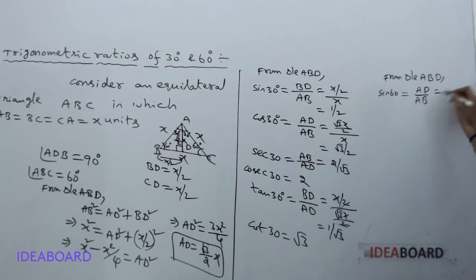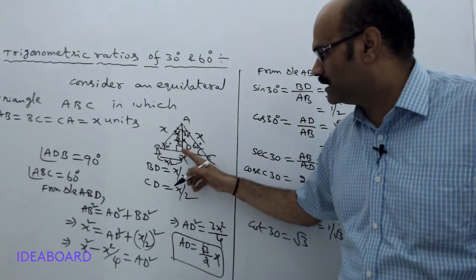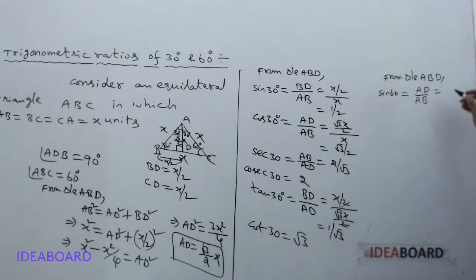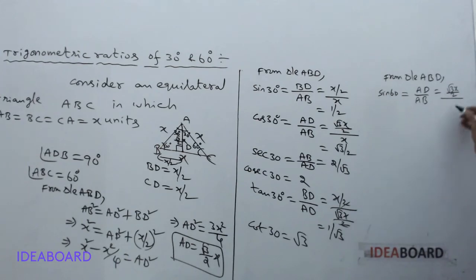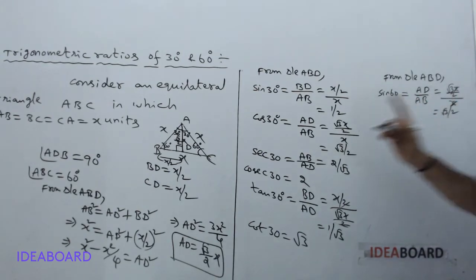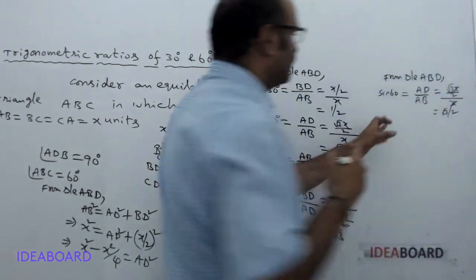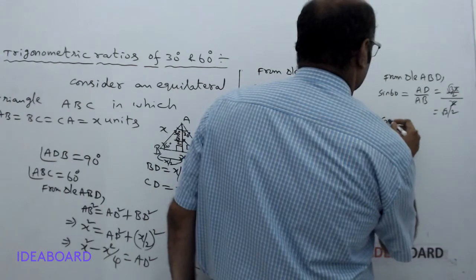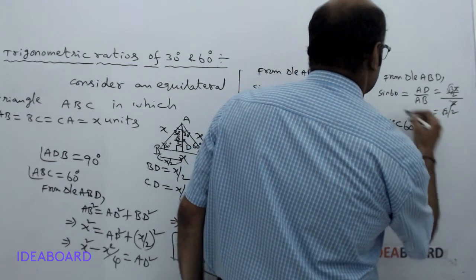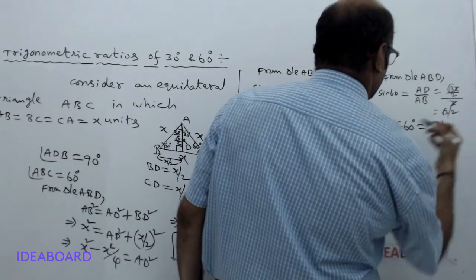Here the length of AD equal to root 3 x by 2, whole by AB equal to x, so it implies root 3 by 2. So sin 60 equal to root 3 by 2. Similarly, whenever we get sin 60, immediately we can write cosecant 60 equal to reciprocal of sin, 2 by root 3.